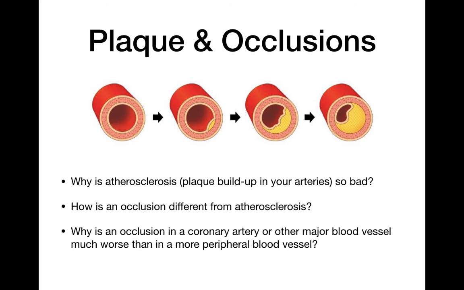So why would an occlusion to a coronary artery or another major blood vessel be much worse than in a more peripheral blood vessel? Let's say I have an occlusion in an artery in my forearm feeding part of my hand. And then I have an artery feeding my brain or an artery going towards my heart, feeding the heart muscle itself. If it's in my hand, it would suck if my hand is affected and I don't have as much fine motor control, but that's only going to affect one part of my body.